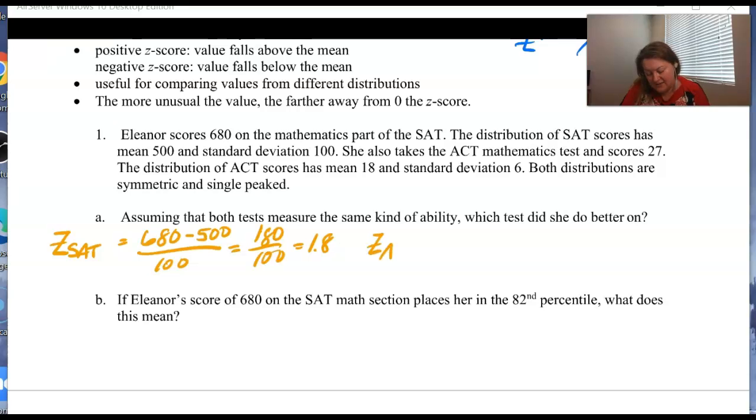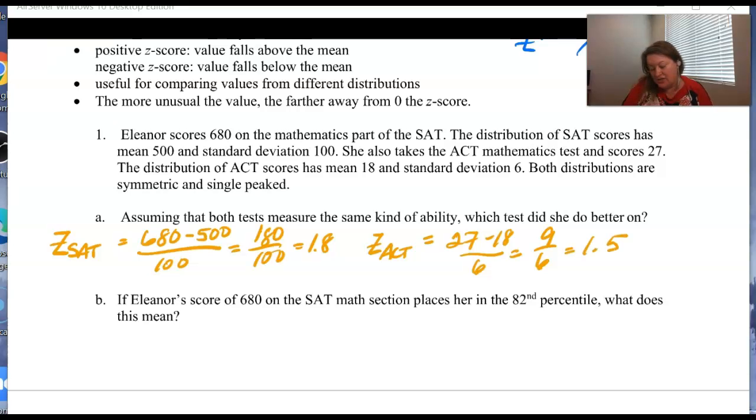Okay, her ACT score, so I'm doing Z with a sub ACT. Her ACT score is 27 minus 18, and that's standard deviation of a 6. So now I've got 9 over 6. That's a 1.5.